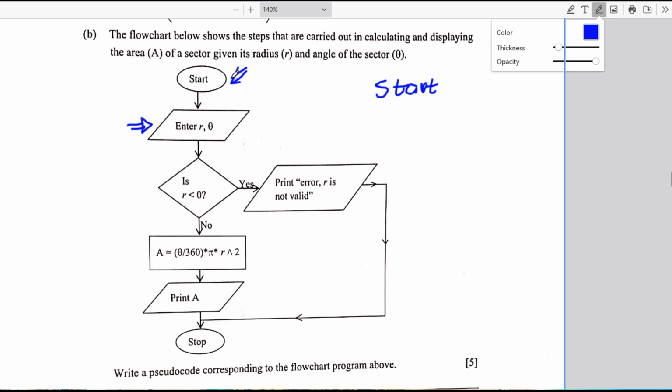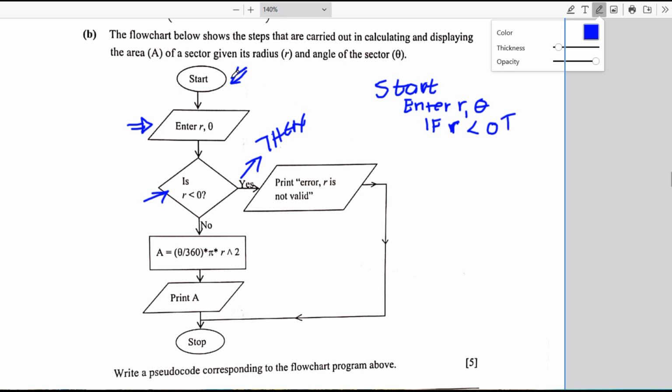So say enter R, comma theta. Now what happens if you are given a question like this one, is R less than 0? So when writing a pseudocode, this changes to if R less than 0, the yes changes to then.